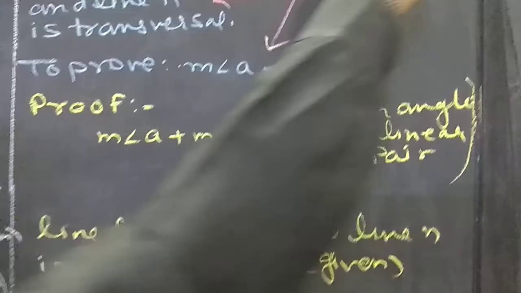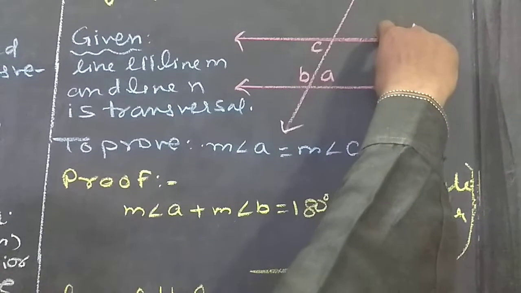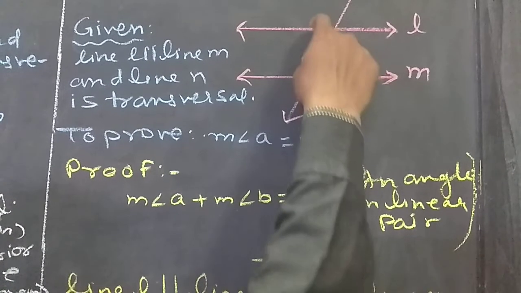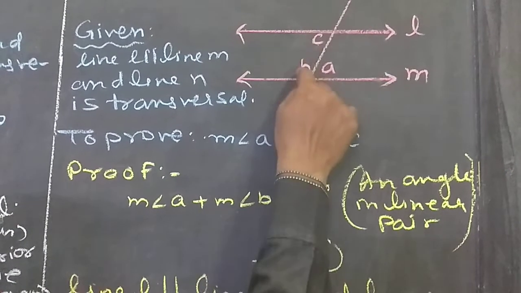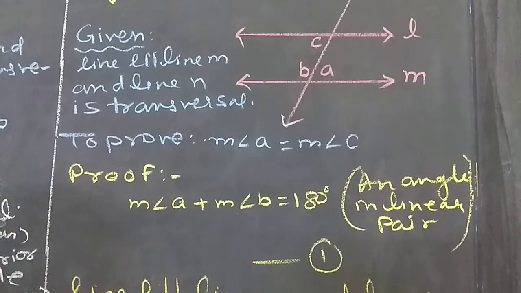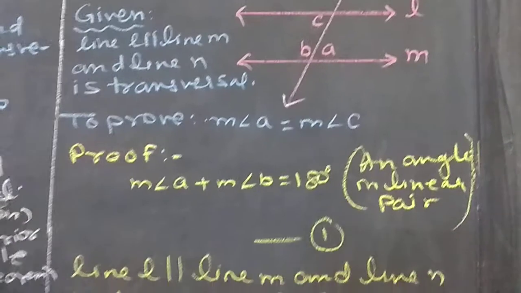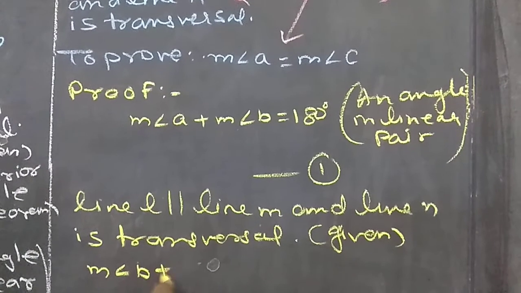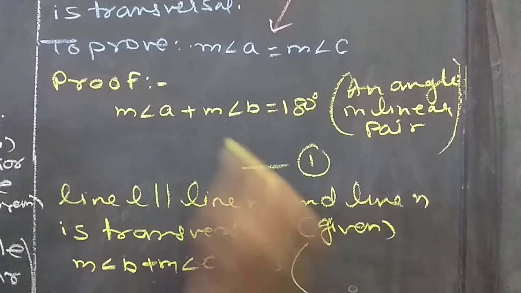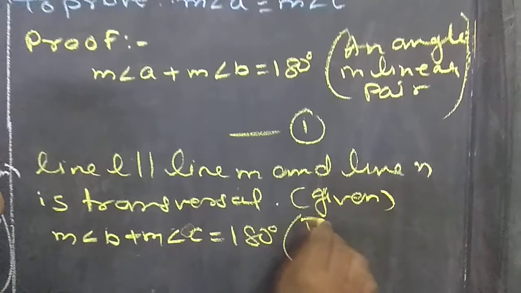If these two lines are parallel and this is transversal, then the angles formed in between these two parallel lines are interior angles. Which angles? Angle C and angle B, and both have a measure of 180 degree. So here you will write measure angle B plus measure angle C is equal to 180. Write down here interior angle theorem.